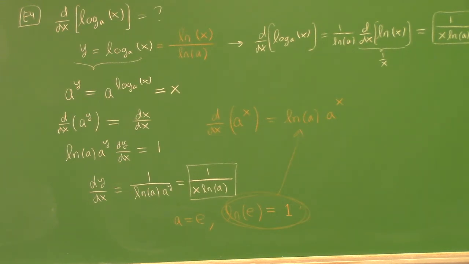What's dx/dt? dx/dt is given to us. dx/dt is 30. That's the rate of change of x with respect to time. So dx/dt here is 30.